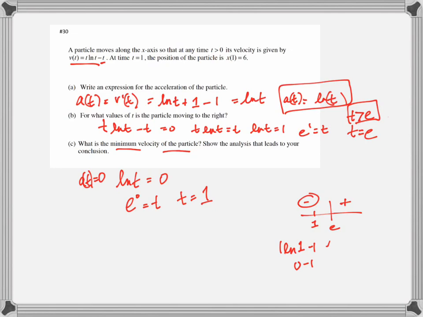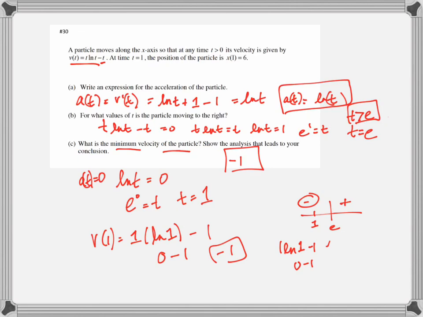We go back up here and substitute in 1: 1 times ln of 1 minus 1. Well, this is 0 minus 1, so you get negative 1. So the minimum velocity is negative 1, and that's it. All right, so that was your test.